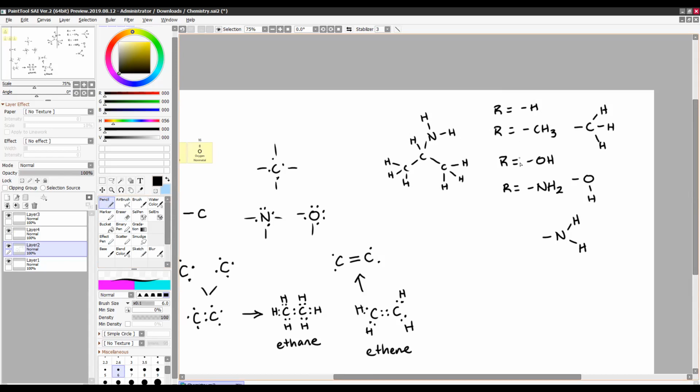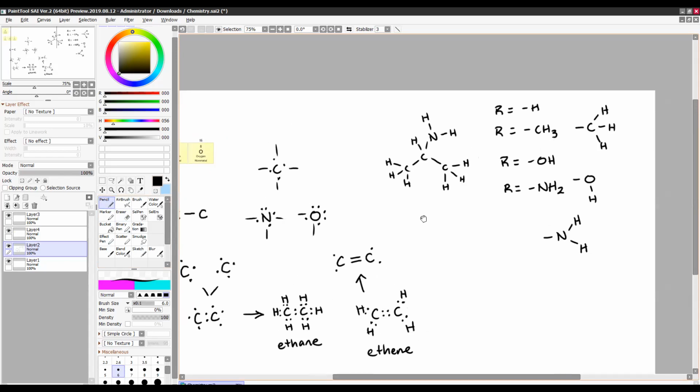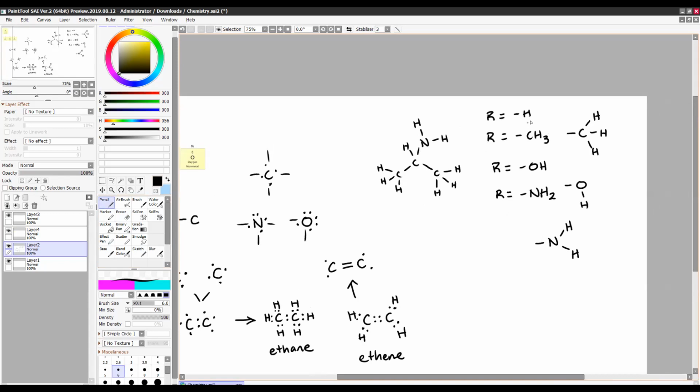Now, when we change the R groups, we change the chemical properties of our structure. So, for example, when we originally had just a hydrogen as our R group, the structure was pretty small. But when we attached this big CH3 group at the end, it became quite a bit bigger. That would change properties such as melting and boiling point.